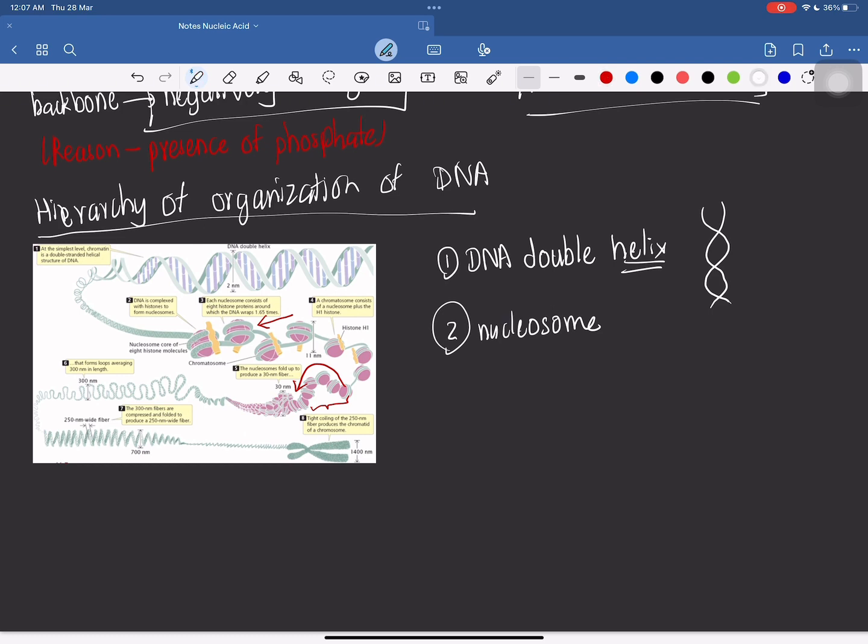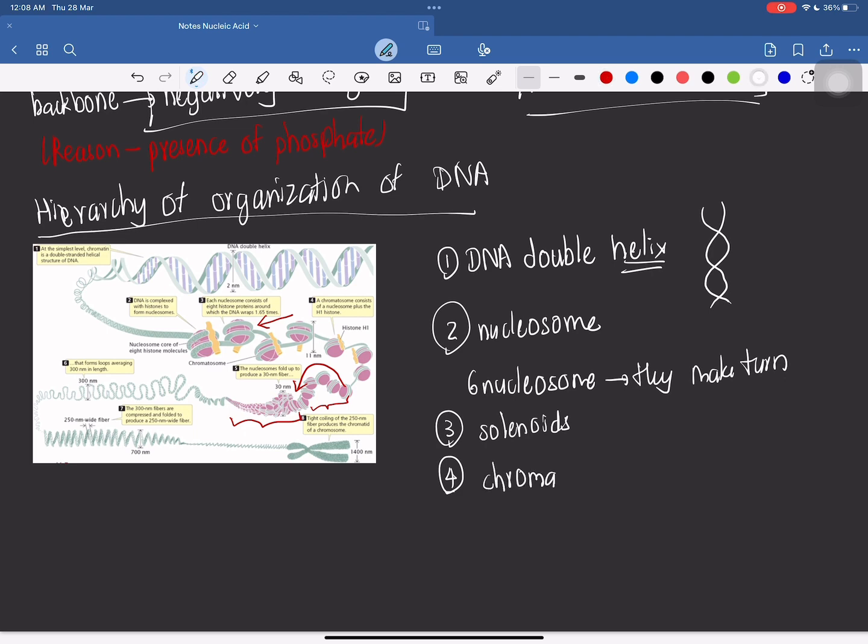So there is a turn, and after every six nucleosomes they make such a turn. And it is called a solenoid. You can see it is more packed here. And it is called chromatin fiber.